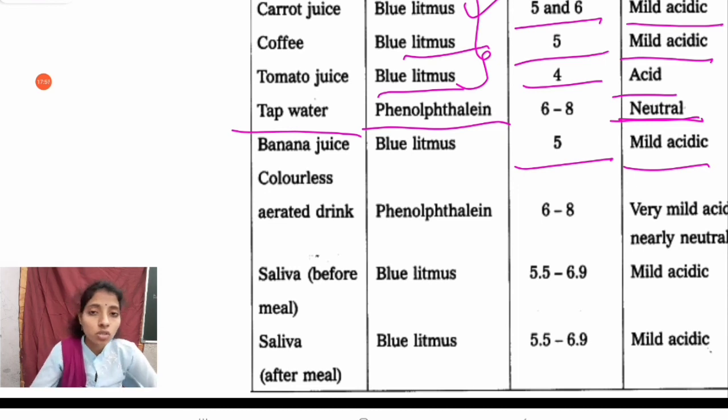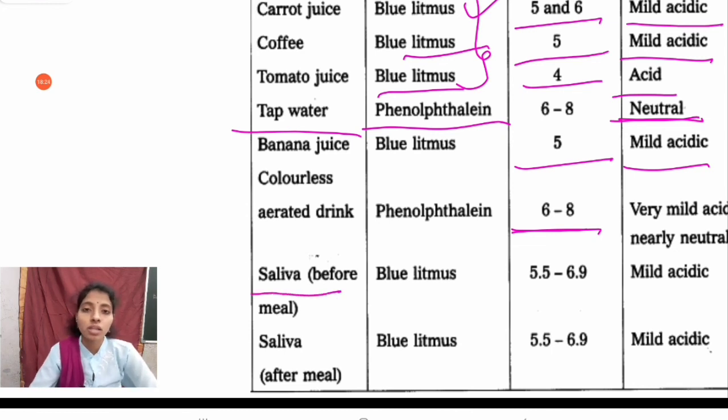Here we will use the phenolphthalein indicator. The pH value is from 6 to 8. That means this is very mildly acidic or nearly neutral. That means this is a very weak acid, or we can say this is neutral, because here the pH value is between 6 to 8.